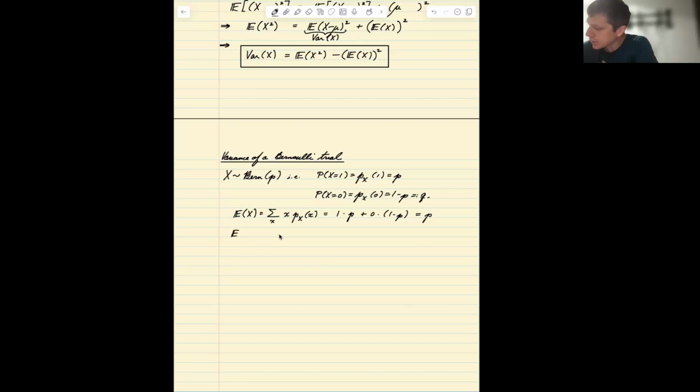What's the expectation of x squared? By the law of the unconscious statistician, we can just plug in the function x squared, but we get to keep the same probabilities. We don't need to recompute the mass function of this new random variable x squared.